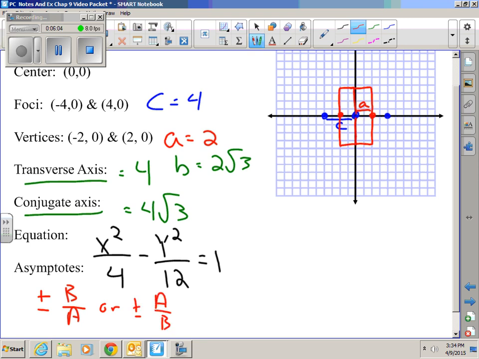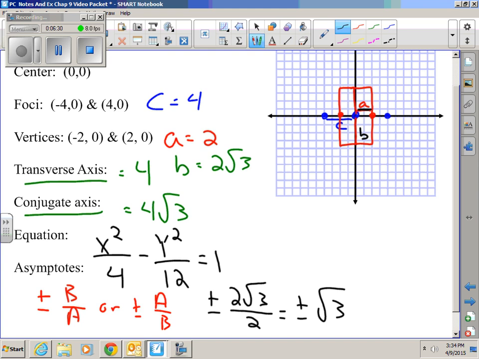It depends on which one is vertical and which one is horizontal. In this case, our b's were the vertical and our a's were the horizontal. So our slopes are going to be plus or minus 2 root 3 over 2, which of course equals plus or minus a slope of root 3.